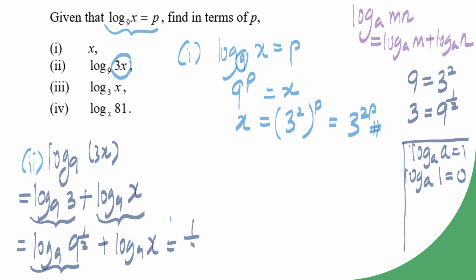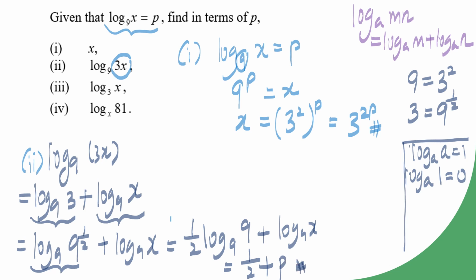So I can just bring down the half, and then I would have log 9 base 9, and log 9 base 9 is just 1. So that will give me half plus p. Okay, so to be able to solve logarithmic equations well, these are some of the little tricks that you must know. You must have all these tricks inside your bag, so when you need them, you can just take them out. Okay?